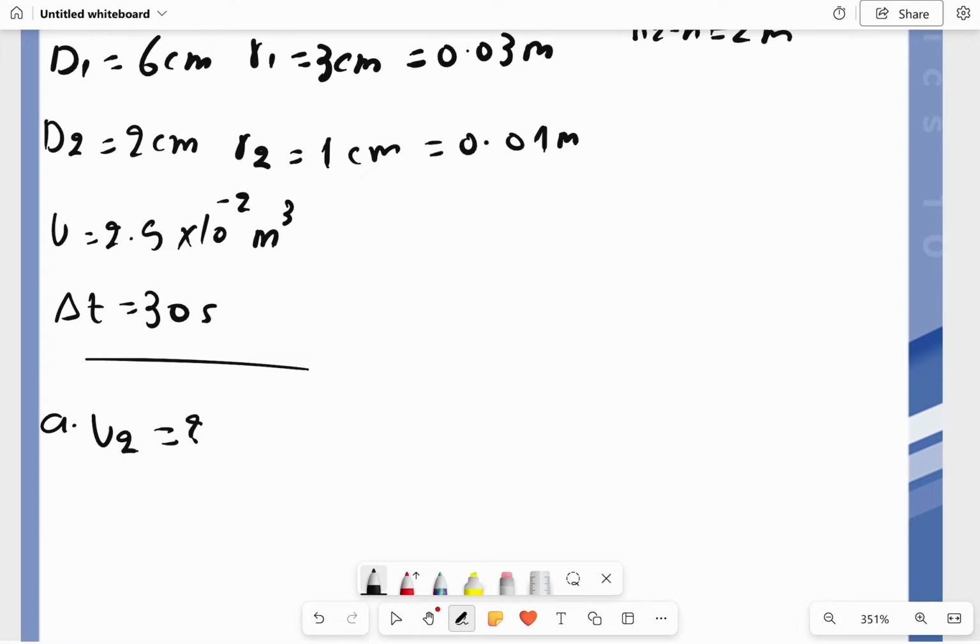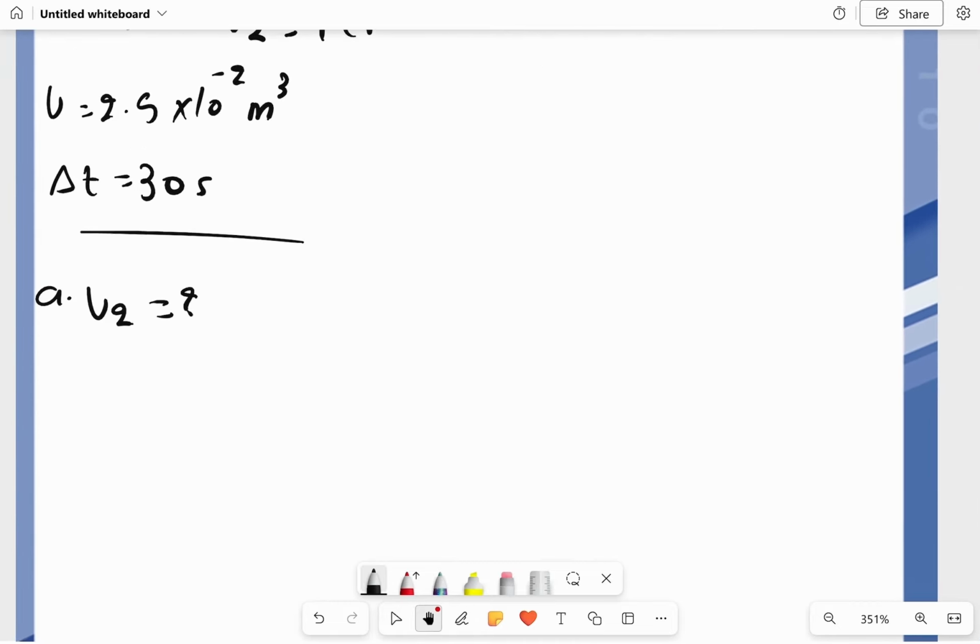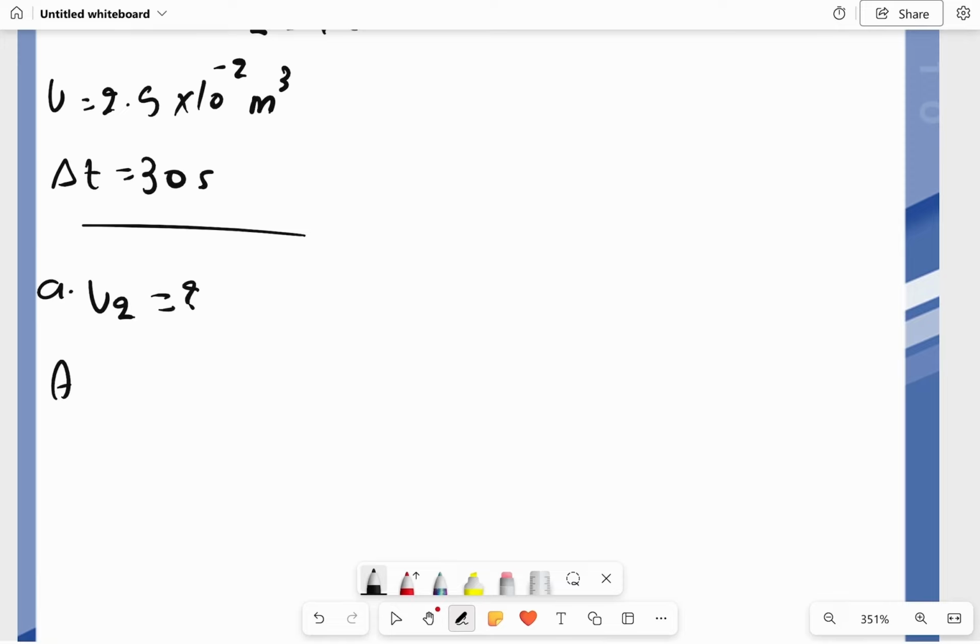Now, guys, we have the equation for flow rate, which was A V, which was equal to volume divided by delta T. I need to find the second velocity, so this one is V2 and this one is A2, okay? Then divide all of this by A2, and divide this one by A2. Cancels.